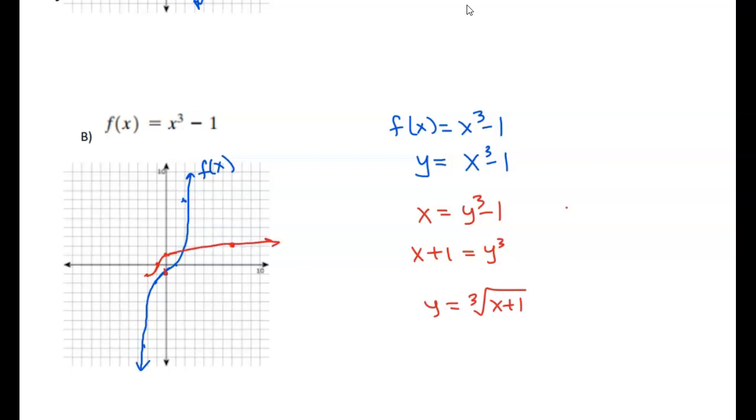Like this. And negative 2 and negative 9 switches to negative 9 and negative 2. So we have this like this. Right, so this is the inverse. The inverse function is cube root of x plus 1.